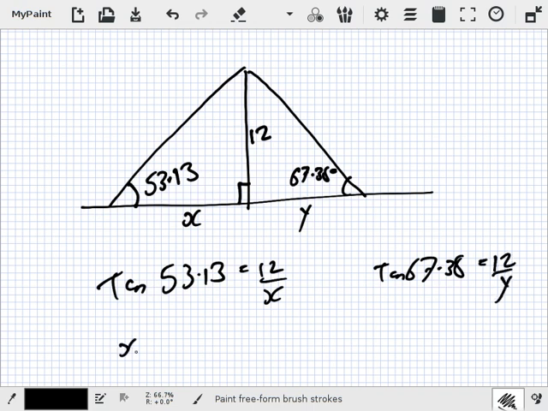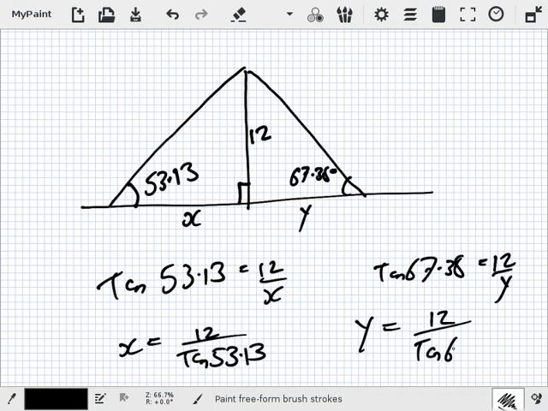So you can say x is 12 over tan 53.13 and y is 12 over tan 67.38. This is 9 and this is 5. So the total distance between them is 14.